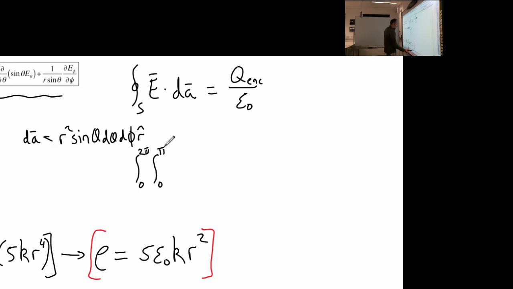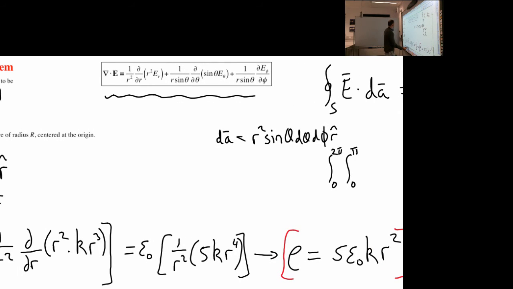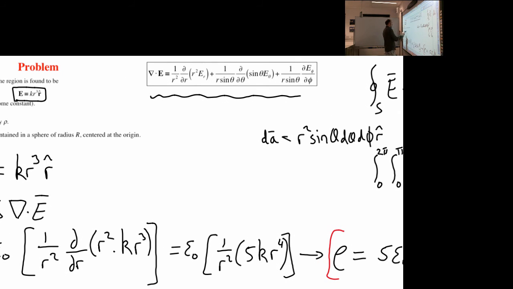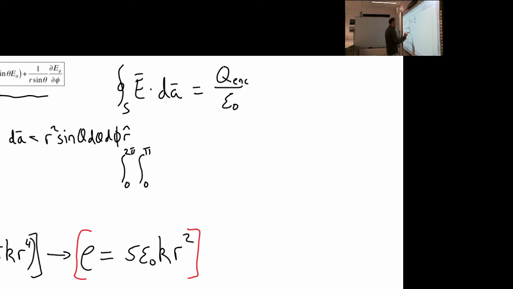The electric field is given by k r cubed r hat, dot r squared sine theta d theta d phi r hat.